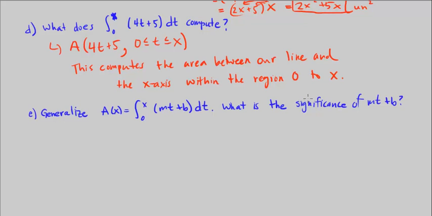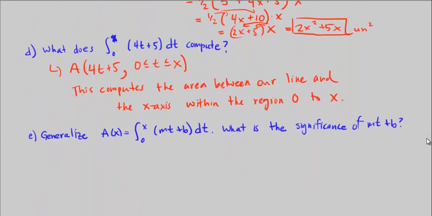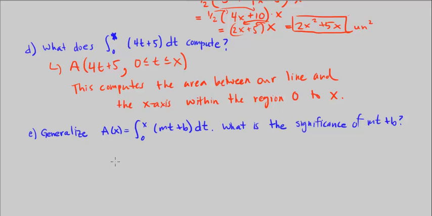So whatever it looks like, the line, similar to this line here, b was the y-intercept, so that created the height at t equal to 0. Right, so it's still going to be in the shape. This is going to create the area underneath a trapezoid, right?